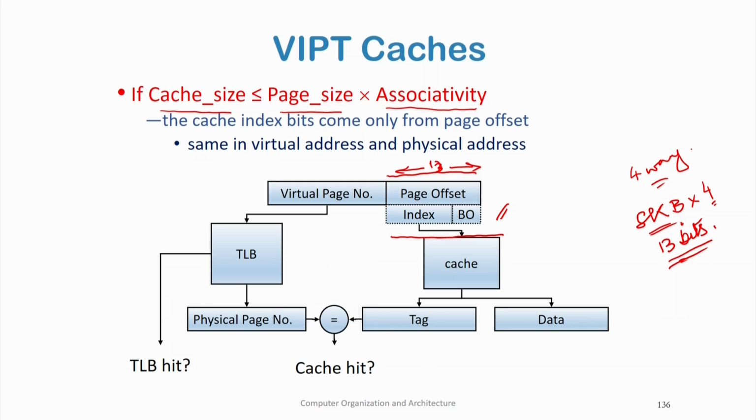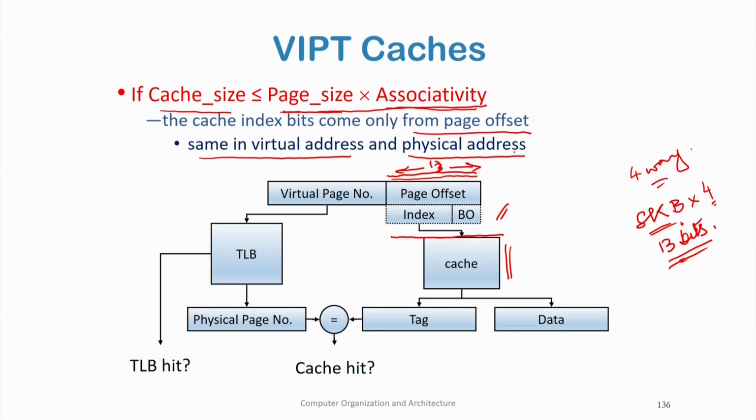So, therefore, if the cache size is at most page size into associativity, I can use only this page offset part of the virtual address to index the cache, and I do not have any problem of synonym in this case. Why? Because the cache index bits come only from the page offset, and this page offset is the same both in the virtual address and the physical address.